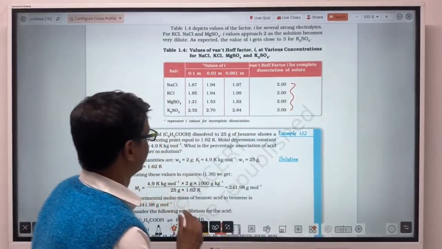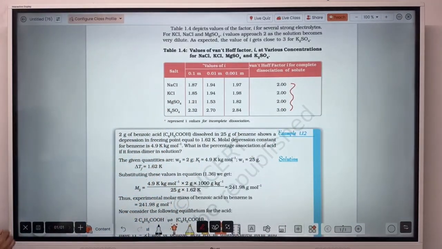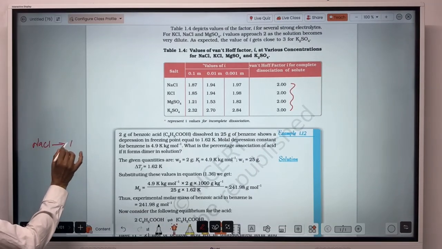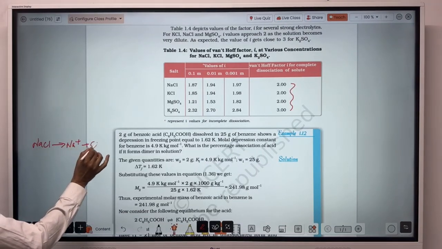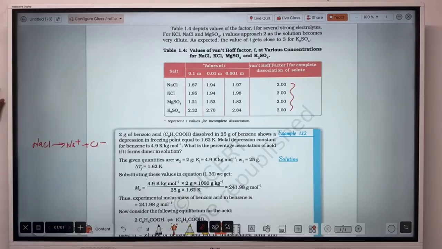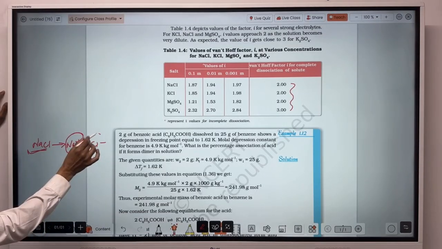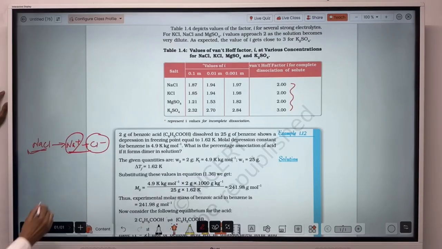Let's see how. Like NaCl, that will dissociate into Na plus and Cl minus. So 1 particle of NaCl will give 2 particles, that is 1 particle of Na plus and 1 particle of Cl minus. So 1 particle gives 2 particles.